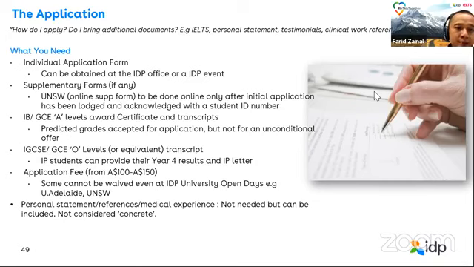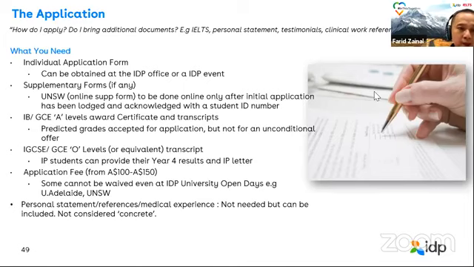And obviously the basis of your application: your IB, your GCE A-levels, certificates and transcripts. Some of the universities do accept predicted grades, but they need to be backed up by the actual grades once they are available. Similarly, for the ones that are exploring foundation, you will need to show your IGCSE or your GCE O-level results.